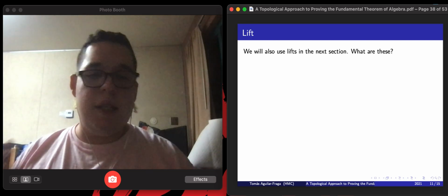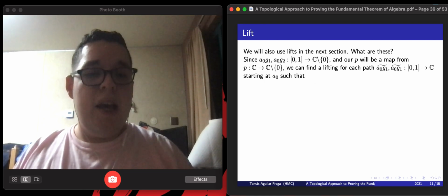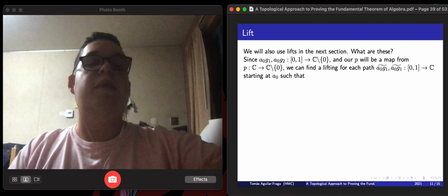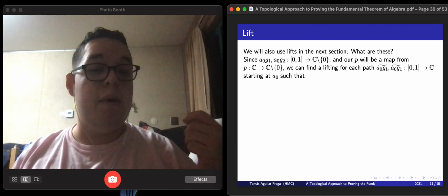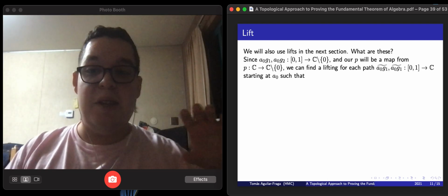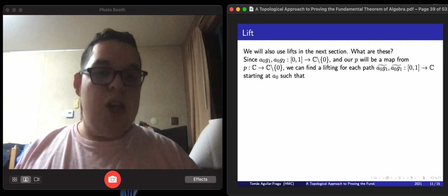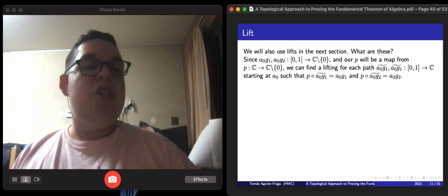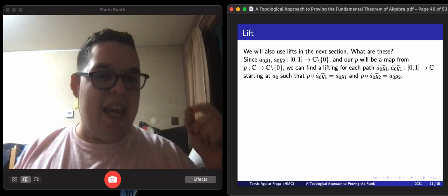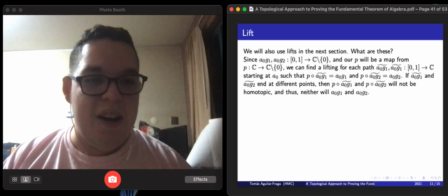Now we're also going to use this concept of lift. So what is a lift in this context? Well, since we have a naught g1 and a naught g2 going from 0, 1 to the punctured plane, and our P is a map from the complex numbers to the punctured plane, then we can find a lifting for each path starting at e naught such that the composition of P with this lifting is equal to a naught g1 or a naught g2.